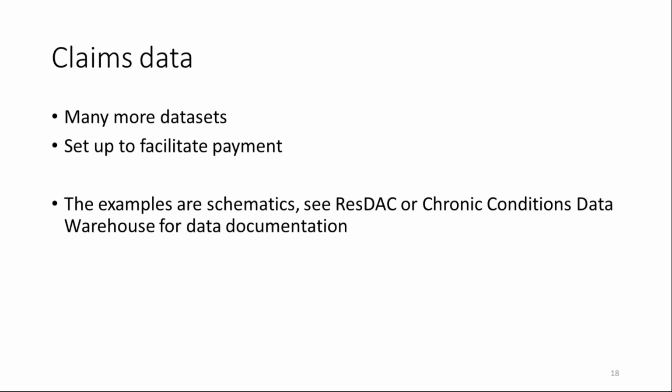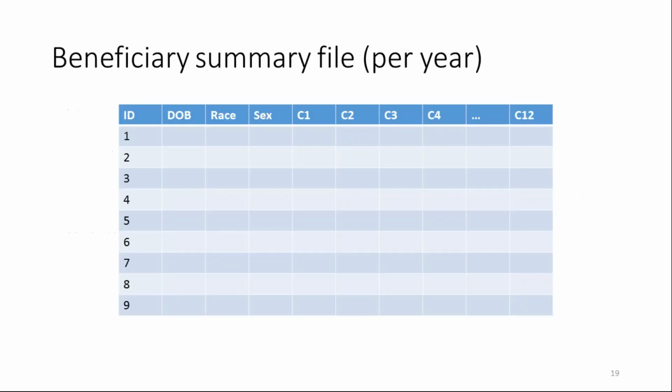What we're going to show you here is just an idea of what it might look like and how the data is set up. ResDAC Online and the Chronic Conditions Data Warehouse have some pretty good documentation. ResDAC has some really good documentation, I would say, if you really want to see videos of how the data is laid out. It's pretty helpful.